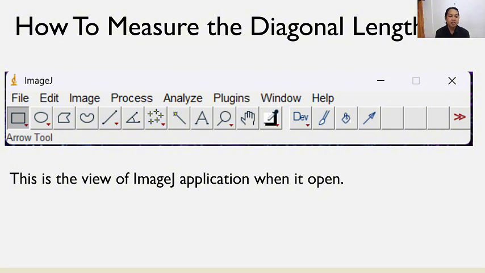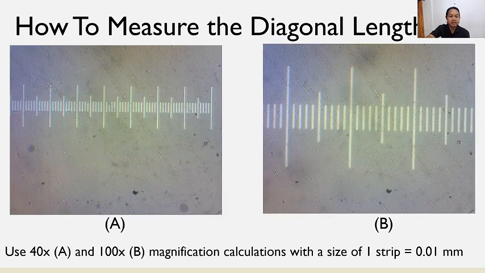This is the view of the ImageJ application when it opens. In picture A we have the 40 times, and in picture B the 100 times magnification calculation, with a size of one strip equals 0.01 millimeter.